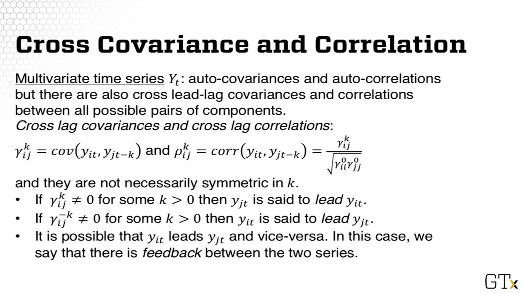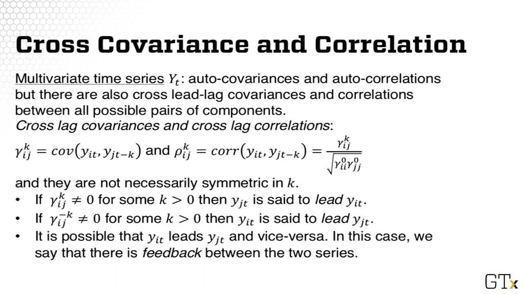In univariate stationary time series, we define the lag dependence using the autocovariance or autocorrelation functions. For stationary multivariate time series, we have the autocovariance or correlation for individual time series, but we also have the so-called cross lead-lag covariances and correlations between all possible pairs of time series. How are these defined?